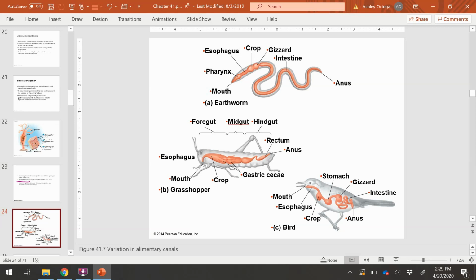Intestine will absorb the nutrients, and then lastly, waste expelled through the anus. So all these are examples of different alimentary canals and how they have a starting point, the mouth, different processing points here, esophagus, crop, intestine, and then the ending point there, the anus.